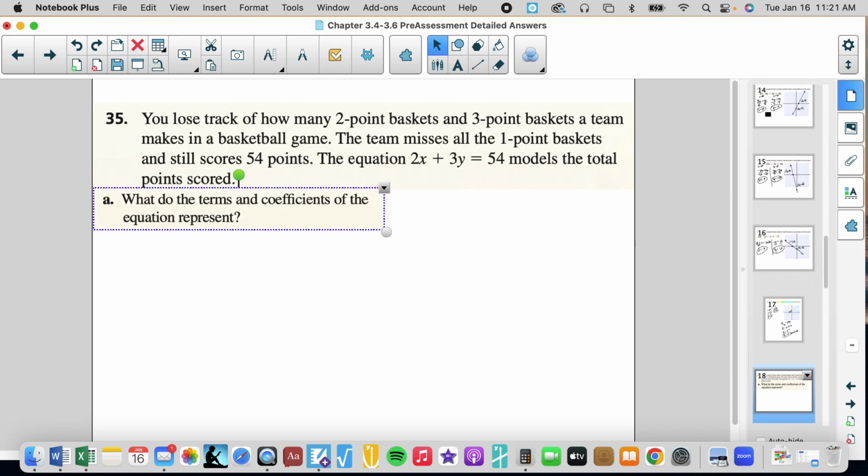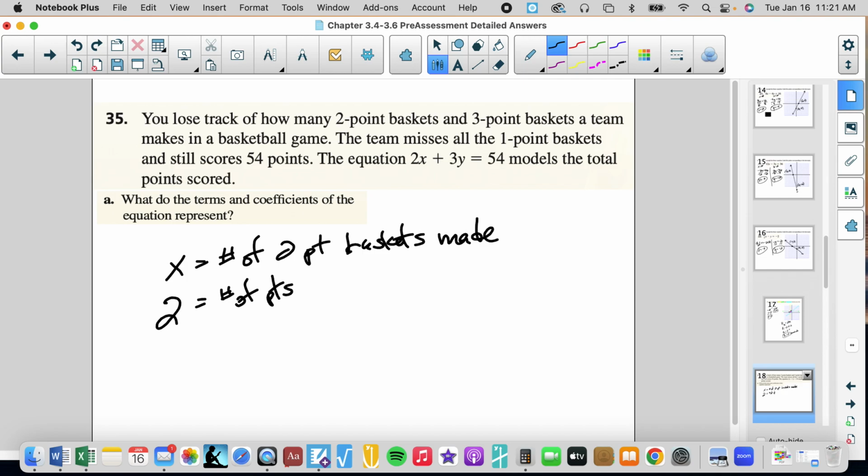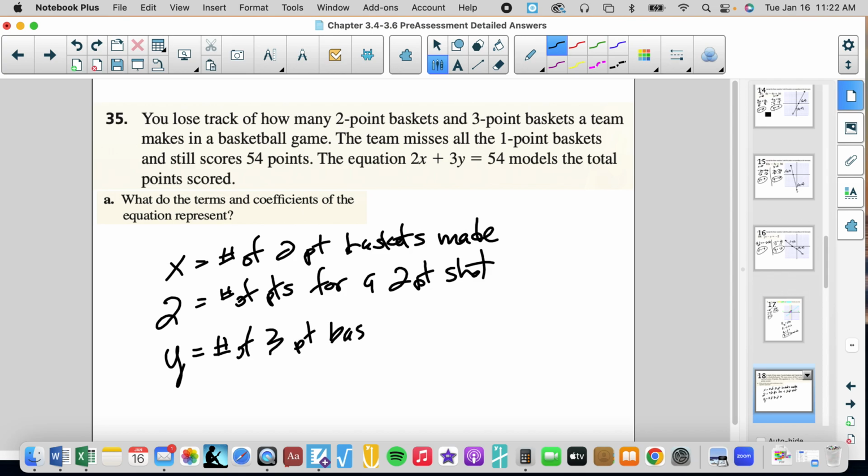Love this problem. So, in the equation, x equals the number of 2-point baskets made. 2 equals the number of points for a 2-point shot. Y equals the number of 3-point baskets made, not attempted, made, and 3 equals the number of points for a 3-point shot.